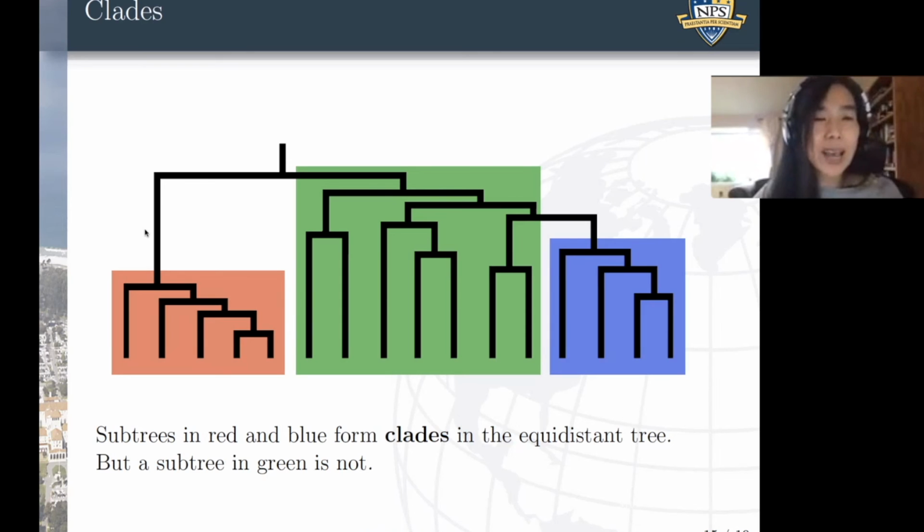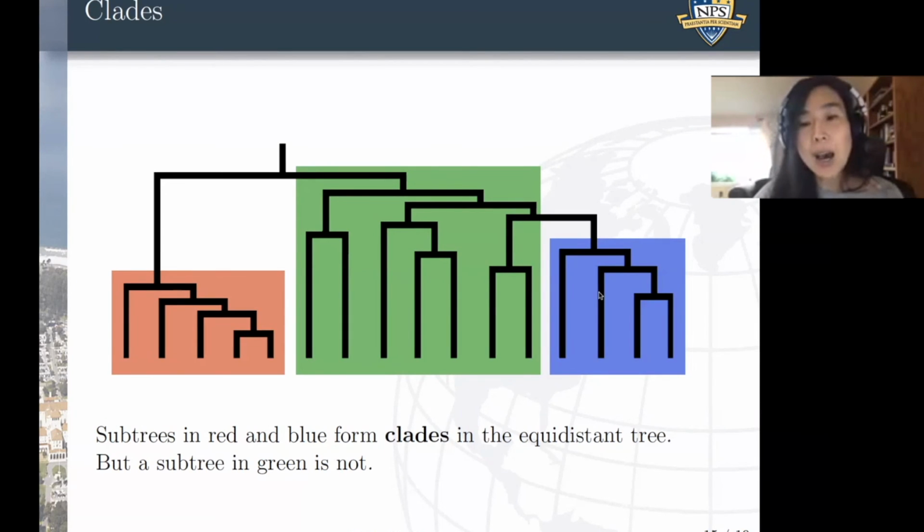Basically, a clade is what you get if you chop off one branch at the top and it still forms an equidistant tree. For example, I chop off this internal edge, and that forms an equidistant tree, so this is a clade. Also this blue part: I chop off this internal edge, and it still forms an equidistant tree.